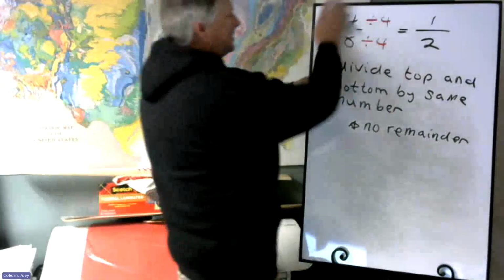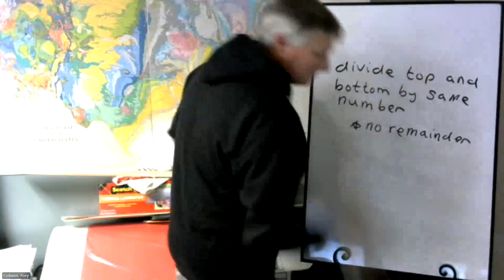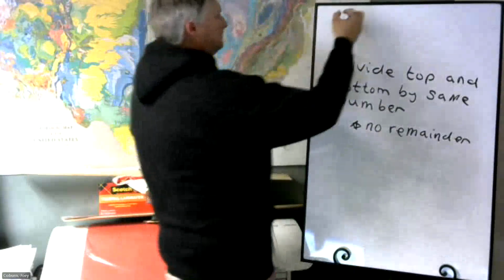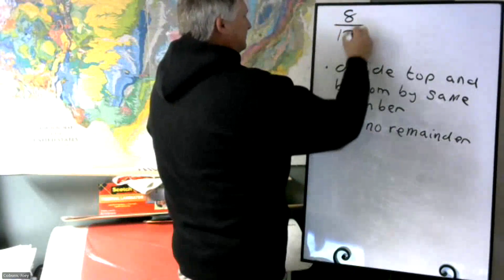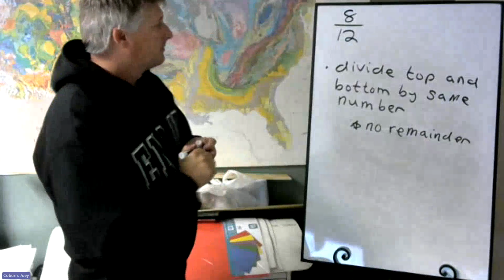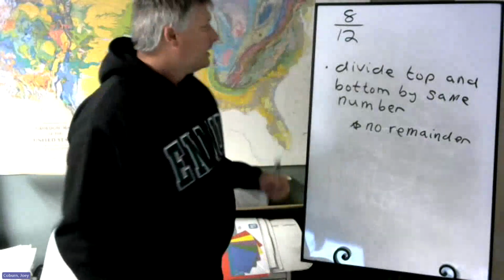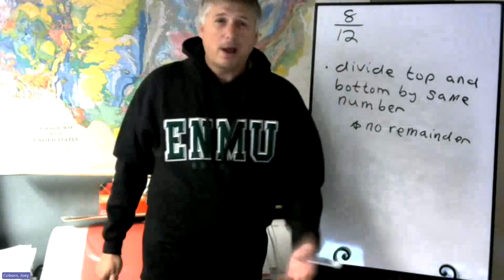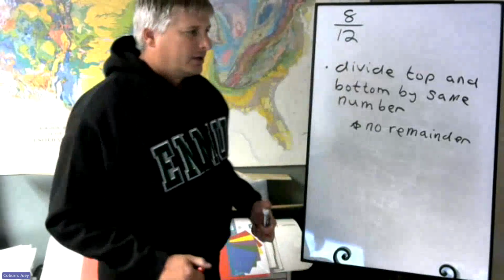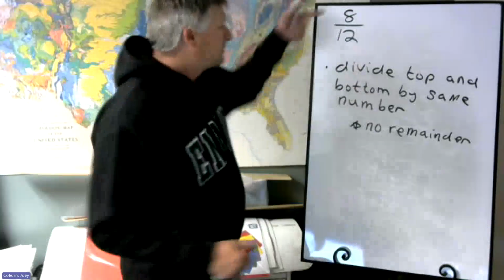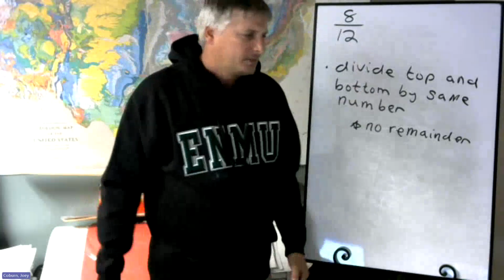Well, let's go back to this one. What can we do with this? Is there a number that divides into 8 without a remainder, but will also divide into 12 without a remainder? It's got to be the same number for 8, same number for 12.